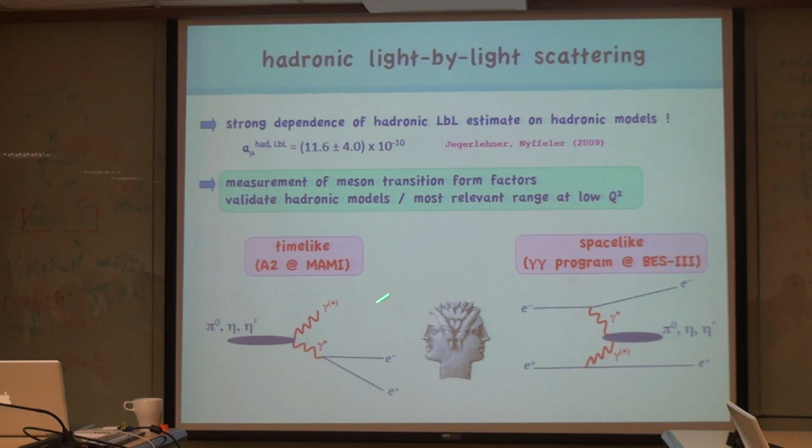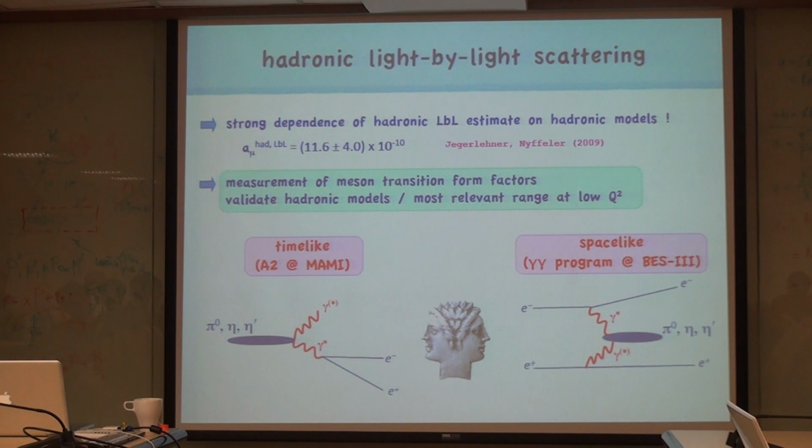And also one needs to measure this in the most relevant range of virtuality. So typically the low Q-squared range. So for instance, if a pion decays into two photons and one of these photons is time-like, it can go into an e plus, e minus. It's the low Q-squared range which will contribute most to this anomalous magnetic moment.